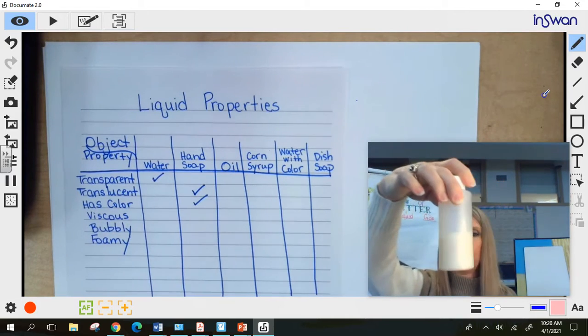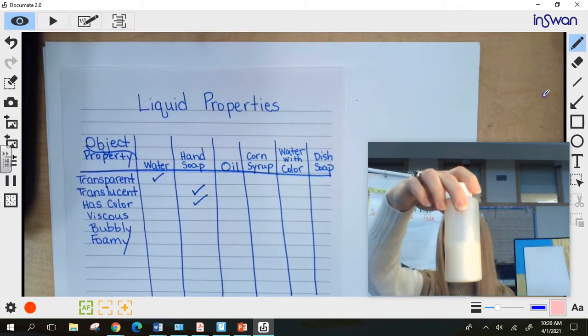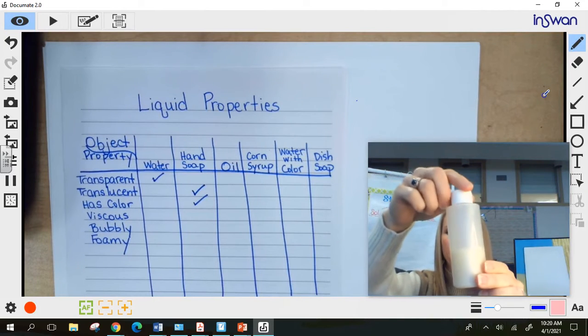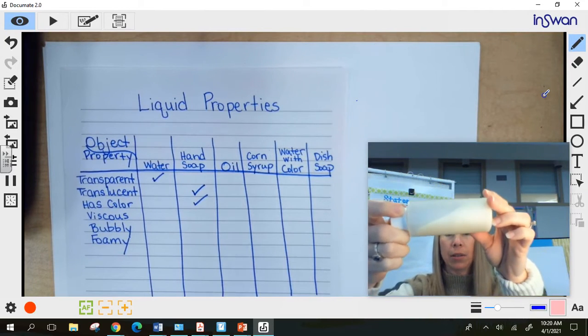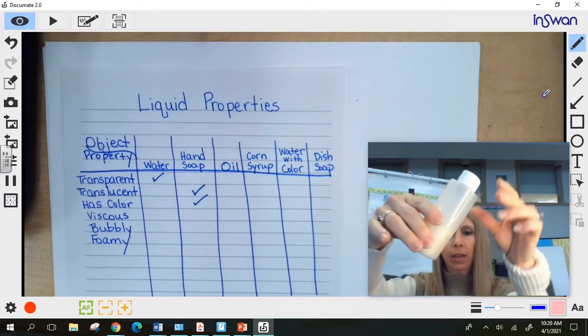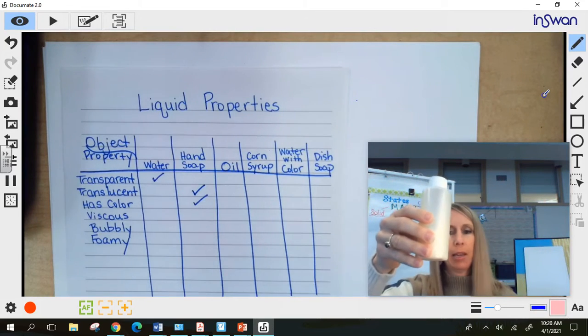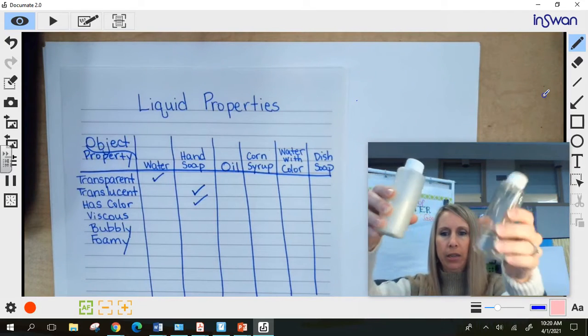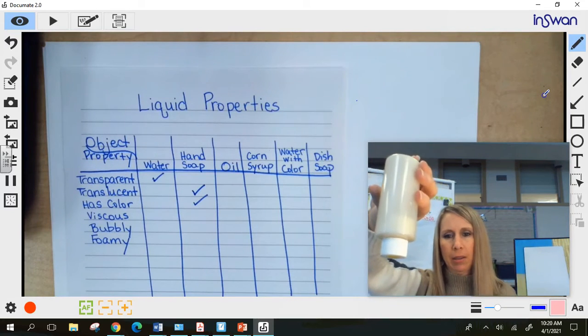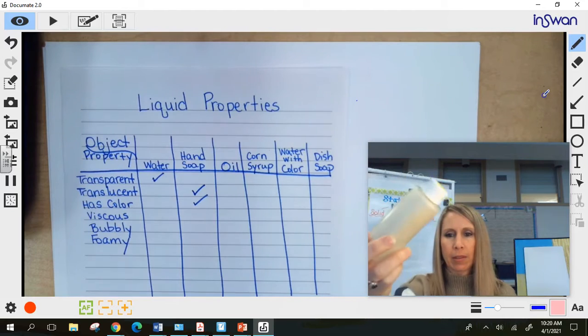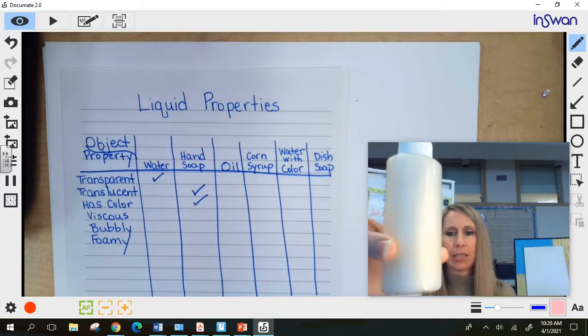Like when I hold it back, you can even see it better now. It is settling. So let's watch how it moves. It moves fairly quickly, but does it move this quick? Let's see. I feel like there is some thickness to it.